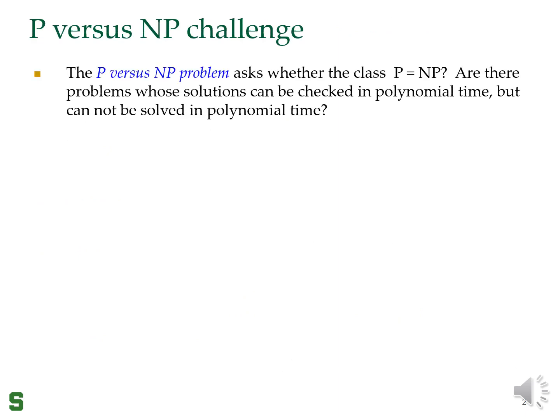The P versus NP problem is one of the most famous problems in computer science that are currently open. The question asks, is the class P equal to NP? Are there problems whose solutions can be checked in polynomial time, but cannot be solved in polynomial time?